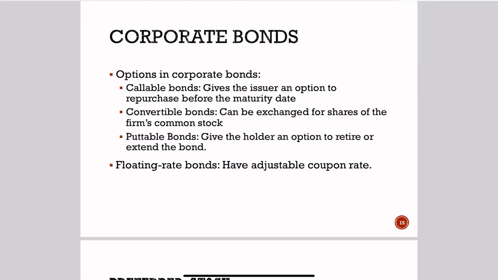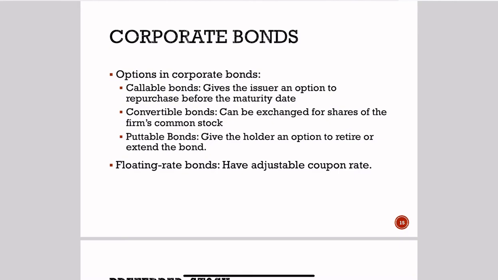There are so-called callable bonds. It basically means that the firm has an option to repurchase these bonds before the maturity date. What this means is, let's say a corporate bond has a maturity date of 2022 December 31.